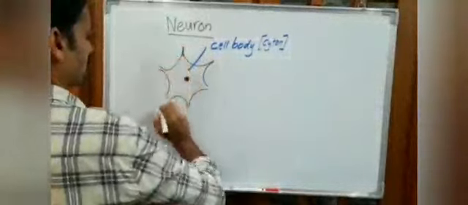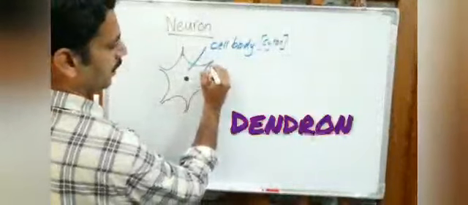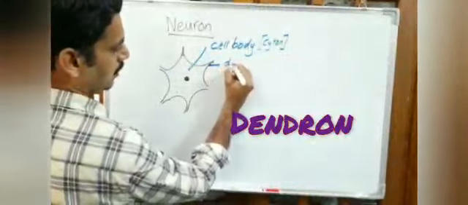From the cell body, many short filaments, you can see short filaments. These short filaments are called dendrons.